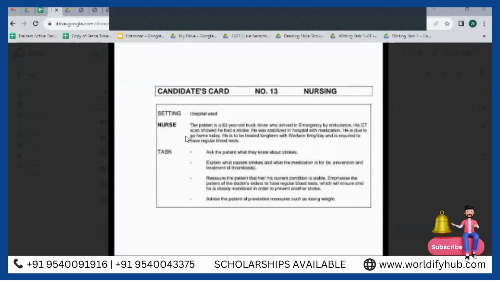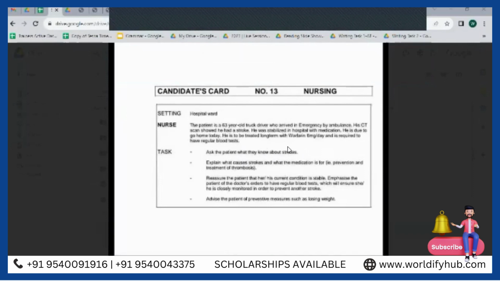So this is a typical nurse's role play card, and you have various kinds of clinical scenarios, and this is an emergency case. The patient is a 63-year-old truck driver who has arrived in emergency by an ambulance. His CT scan showed he had a stroke.